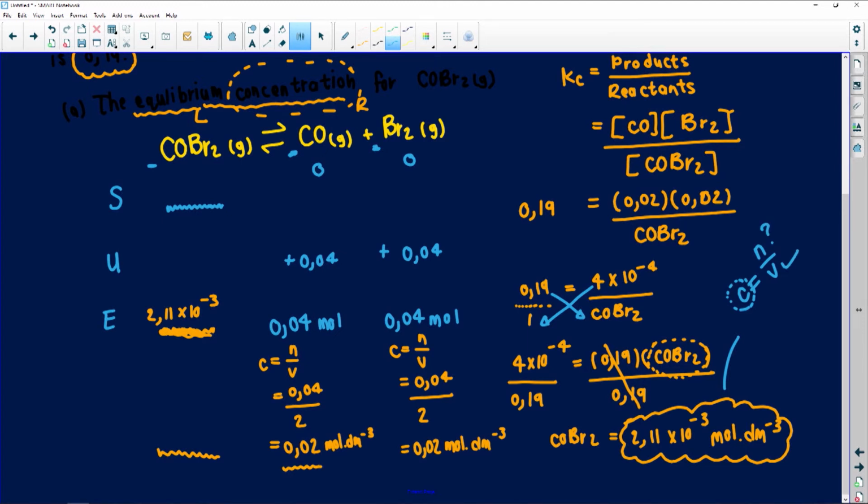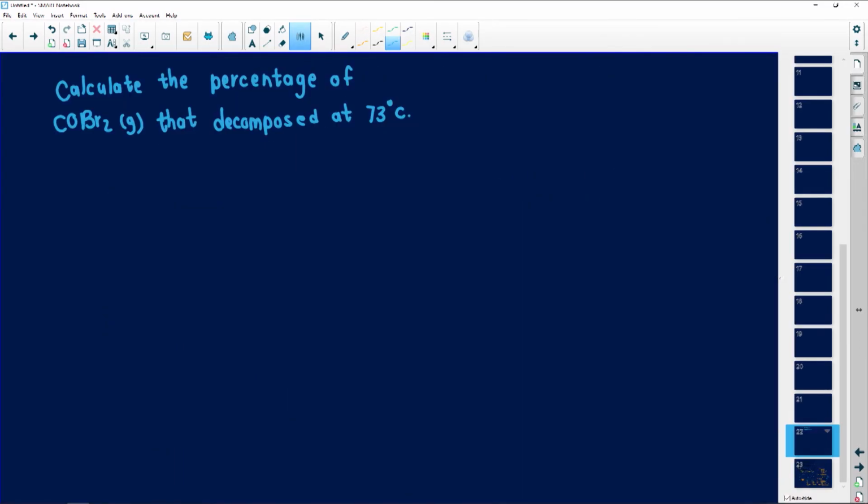Our volume was given to us as 2 cubic decimeters. So now we need to find our moles first, because if we can find how many moles were actually put into this container, we can then find the percentage that was decomposed, and that's what the question is asking us. So here we need to find what was decomposed.